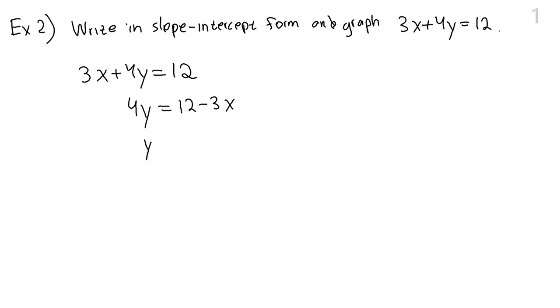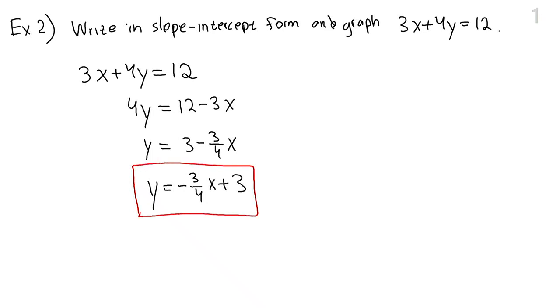So we have y equals 3 minus 3/4 x. To write it in completely standard notation, I don't have to, but I could write it like this. This is y equals negative 3/4 x plus 3. This is the slope-intercept form of the line. That's part 1 of the question.